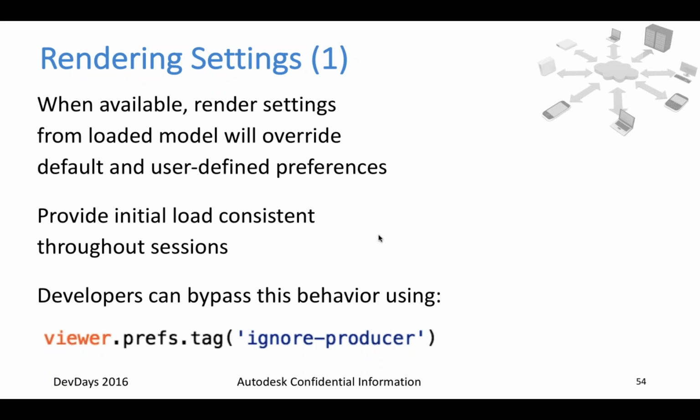Things like the light preferences or the background image can be defined. If you want to bypass the settings, you can use the ignore producer tag. In that case, the default settings set by the user will be used.